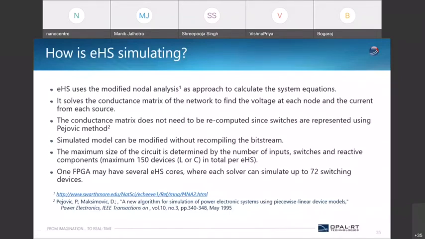We can see here that the maximum size of the circuit we can implement on an EHS is determined by the number of inputs, the number of switches, and the number of reactive components, which are the LC components in our circuitry. So again it depends on the user's point of view.